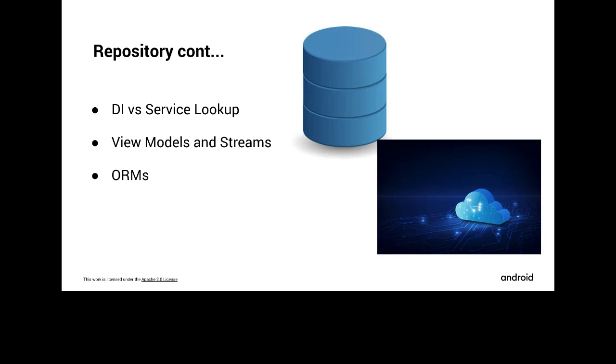Whereas in a service lookup model, all of your dependencies are created up front, and all the service lookup needs to do is find the appropriate dependency that you need and provide that. They both try to fulfill the same goal of providing you with your dependencies when you need them. That's all it is: a way for you to get your components, for example, your repository.